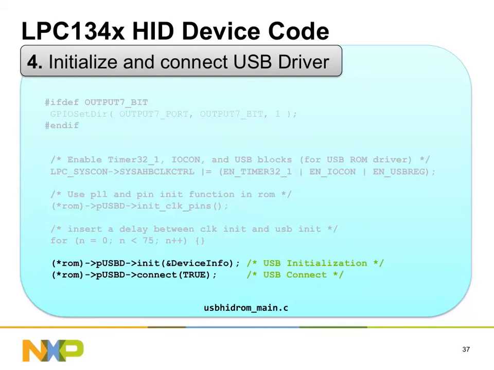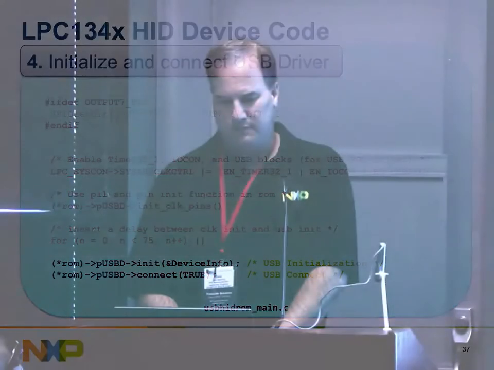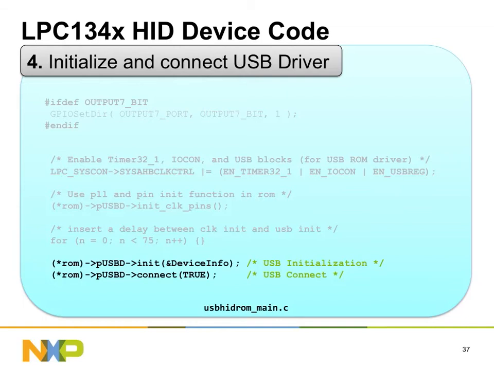That structure tells the USB driver a little bit about your device. And then you connect. And that was it. As soon as the connect function was run, the HID started working. So that's probably about the fastest USB code you'll ever write.